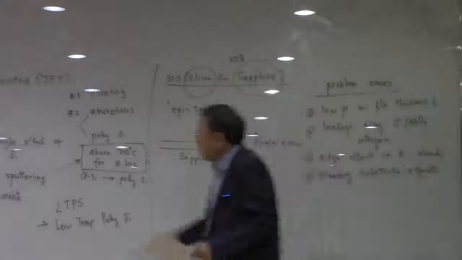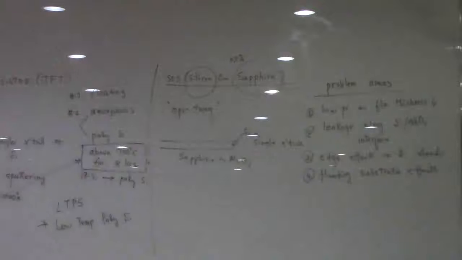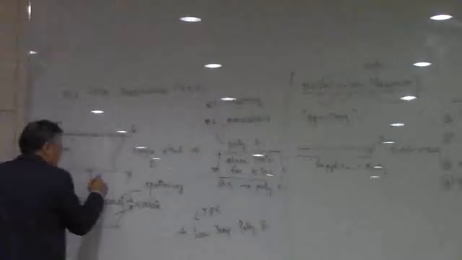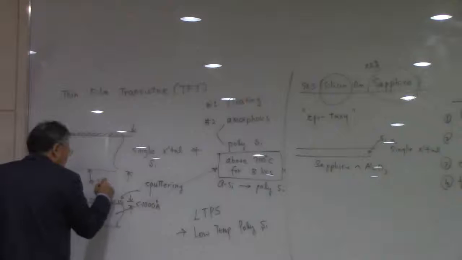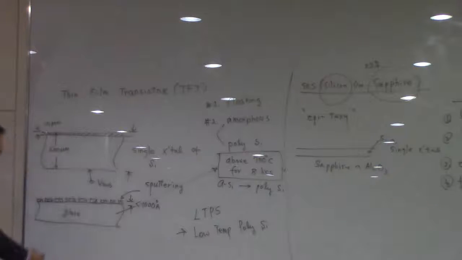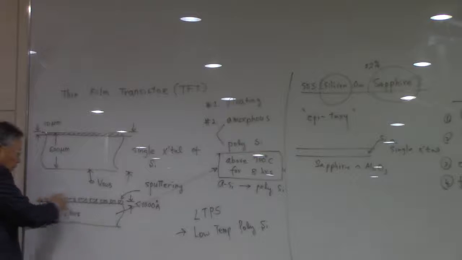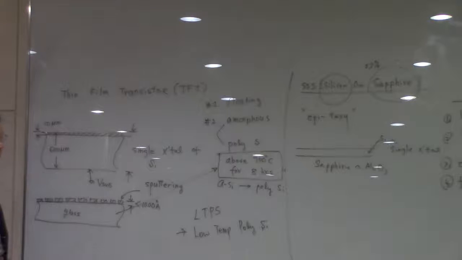In other words, in the bulk case, we can put a bias on the substrate, okay? But here, there's no way to apply a general substrate bias for all the transistors.